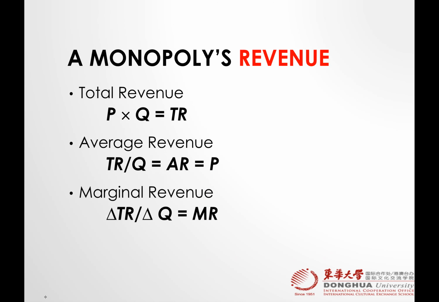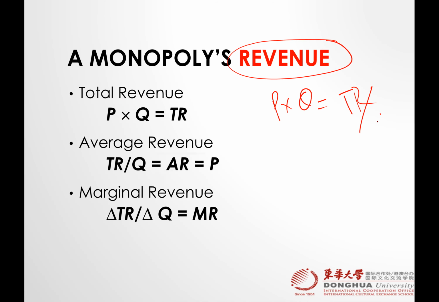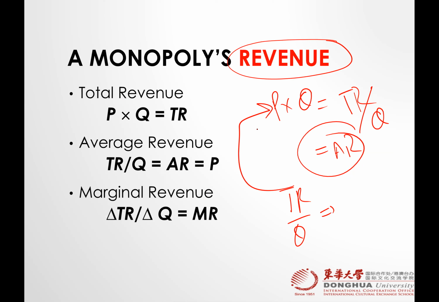So we ended our discussion here by talking about the monopolist's revenue. We already know that revenue is price times quantity, that is total revenue. If we divide it by Q, we call this average revenue, right? So the average revenue formula is TR divided by Q. Put the TR value here, Q and Q cancel.